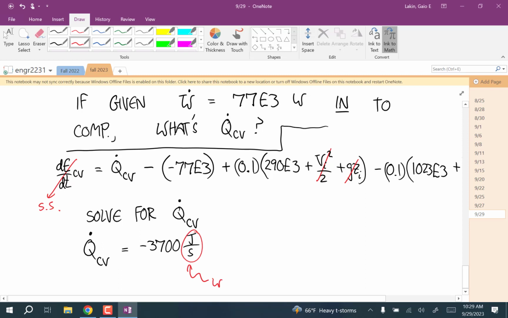Is that what you would expect, a negative value for Q dot? I mean, yeah, if you have a device and energy is being lost, there are inefficiencies, you're going to expect the device to heat up, and that heat is going to dissipate to the surroundings. Anybody have any questions about that?